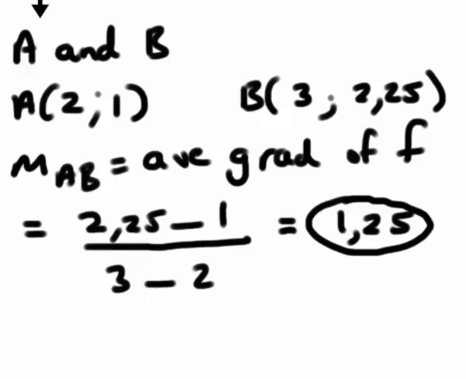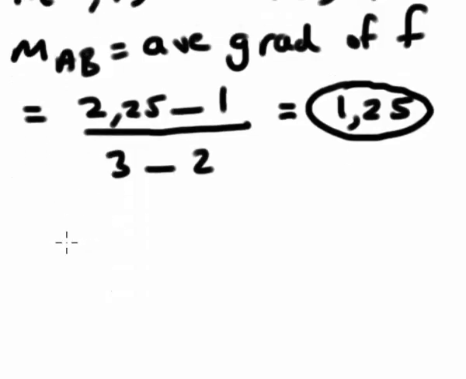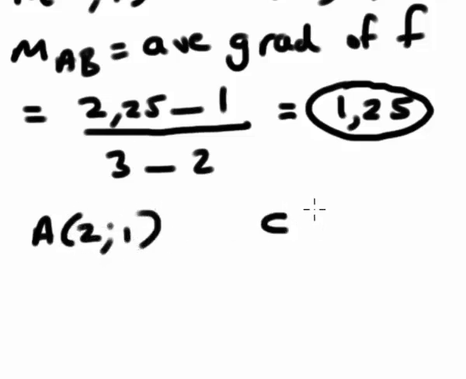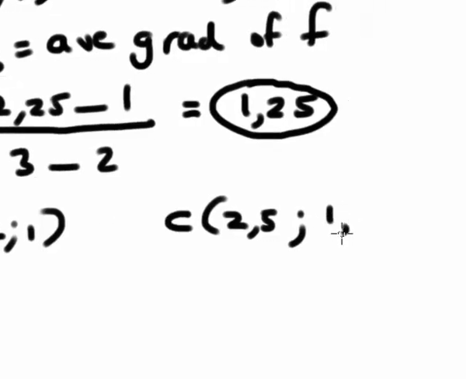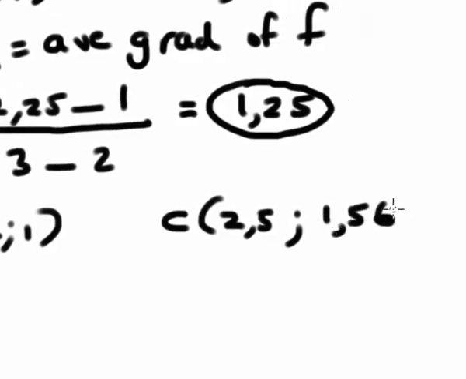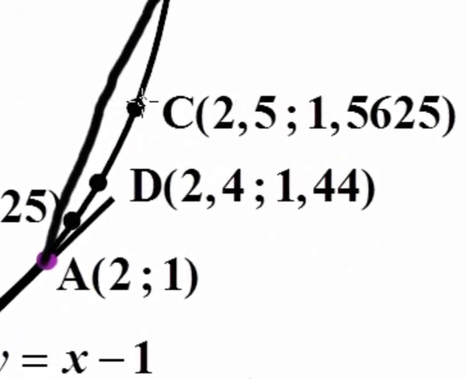Now let's take the points A, which is (2; 1), and the point C. What is C? C is the point (2.5; 1.5625). Let's verify that. There it is. So here's the point A and C. What we're very keen on looking at is the average gradient of the curve between those 2 points.